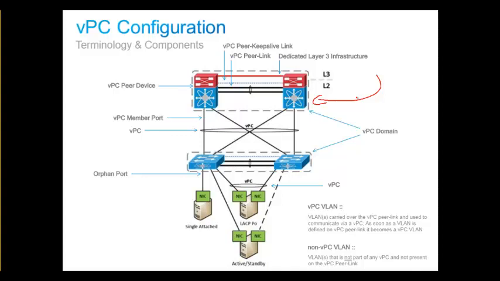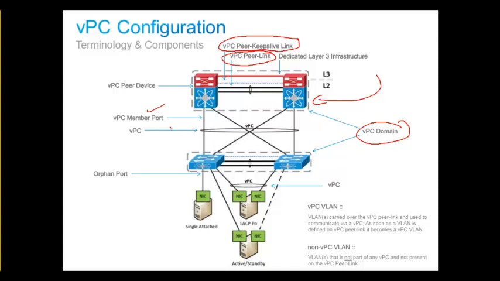What is needed? What are all the building blocks? Number 1, you need a vPC peer link. Number 2, you need a vPC keepalive link. Number 3, we need to provide a vPC domain ID. These are the building blocks. And then the vPC member port.